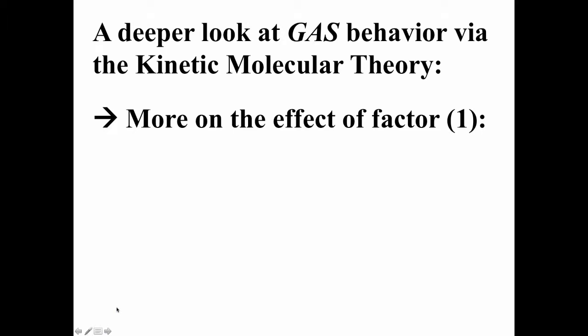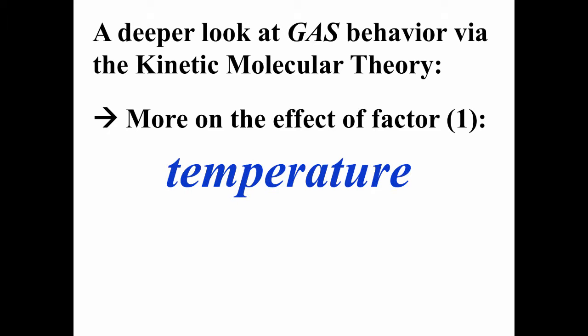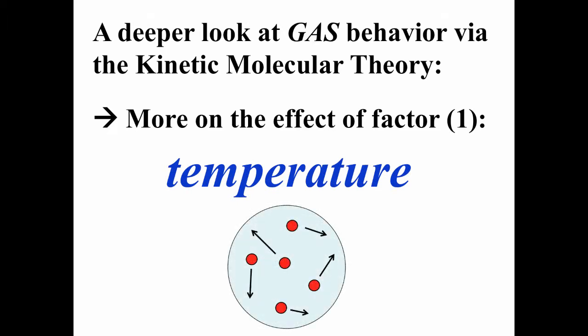So if we look a little more deeply at gas behavior via the kinetic molecular theory, and we look at the effect of factor 1, which was, of course, temperature, the effect of temperature on the speed of the gas molecules, well, if the temperature is higher, the gas molecules are traveling faster on average. If the temperature is lower, then the molecules are traveling slower on average.